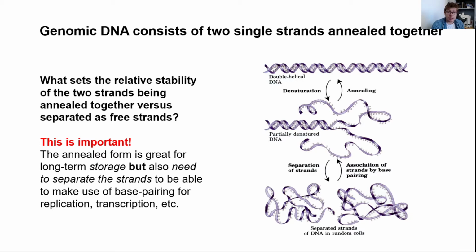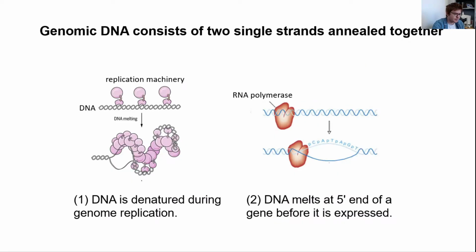This seems actually really important because the annealed form is how we want to store the material so it's safe, but we're also going to need to separate those strands from time to time to be able to make use of those base pairing interactions for replicating the DNA or transcribing certain stretches of the DNA into RNA. And so it's important for us to have a good handle on ways of talking about the stability of these double-stranded annealed helices.